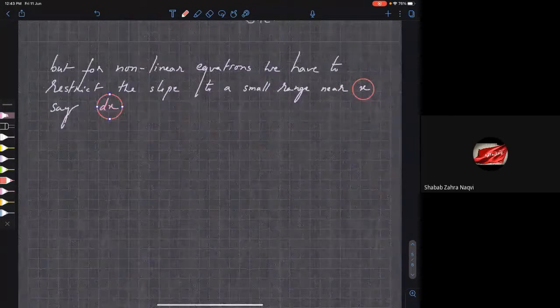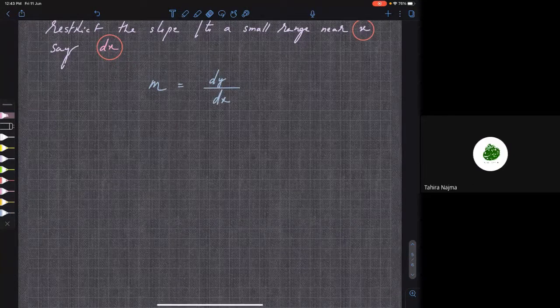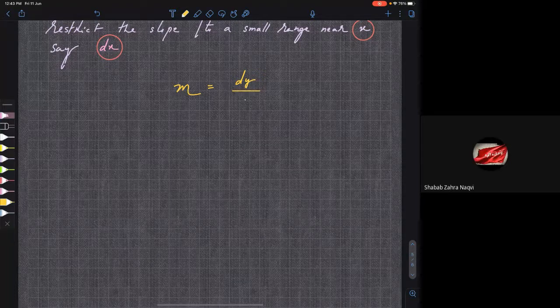And slope is given by, tell me, dy by dx. So let me write in a different color. So slope is equal to dy by dx. Okay, clear?